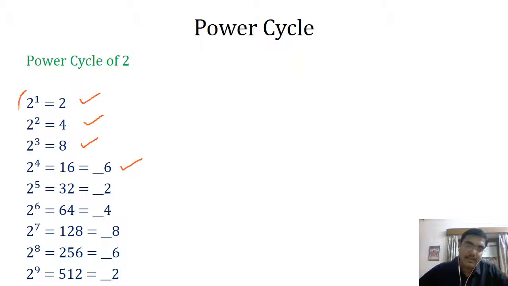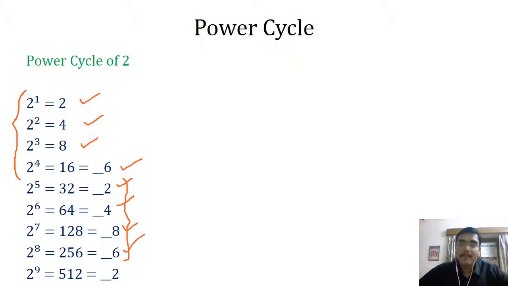Just look at the unit digits of these four numbers. What we have is 2, 4, 8 and 6. Now if you look at the unit digit of the next four powers of 2, they are again 2, 4, 8 and 6. So can we say that the unit digit repeats after every 4 powers?